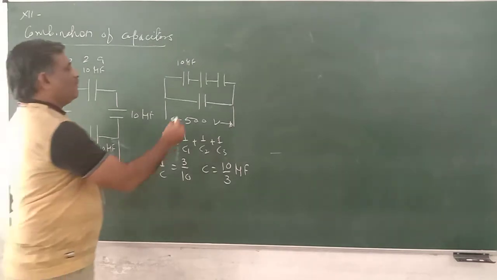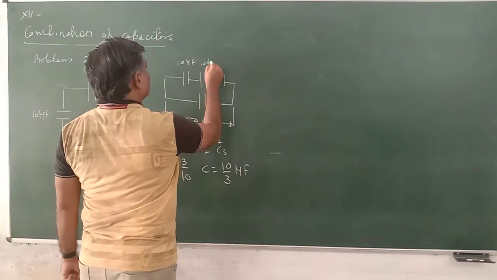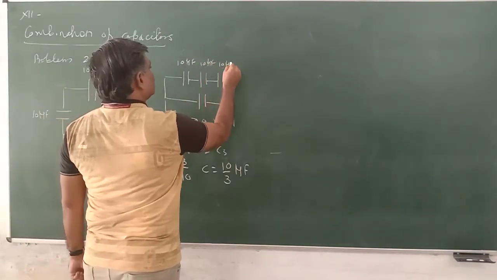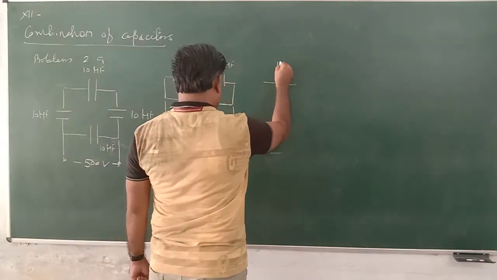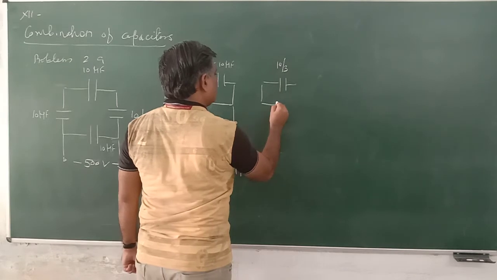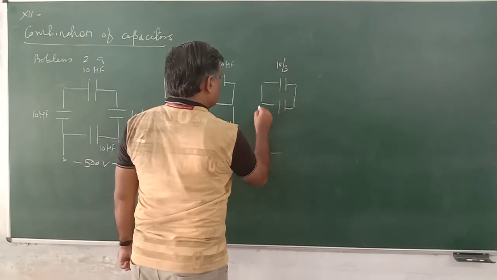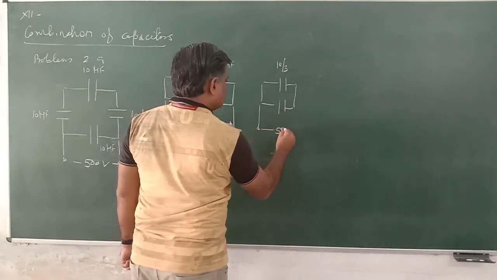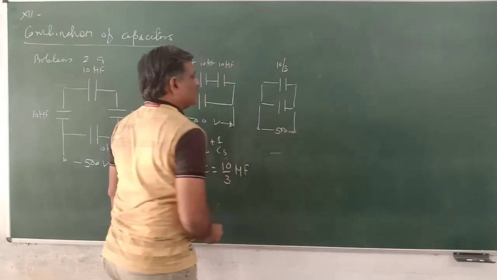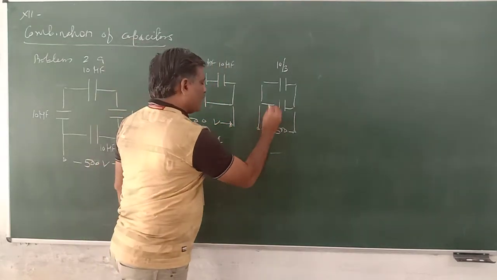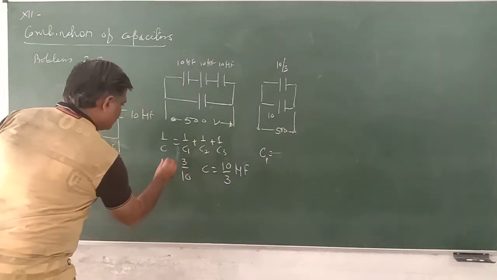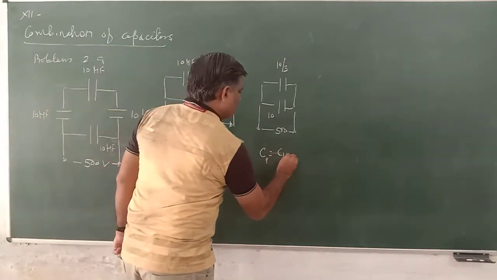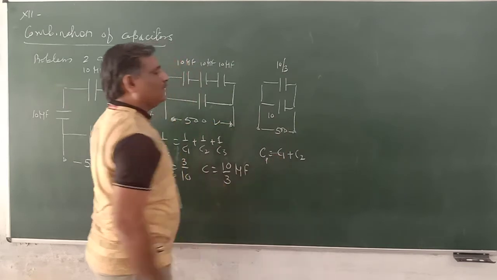All these will become their combination, so we get the next figure. This is 10 by 3, and then it is 10 here, with 500 volt connected. So they are in parallel, therefore C_P is equal to C1 plus C2 when they are in parallel.